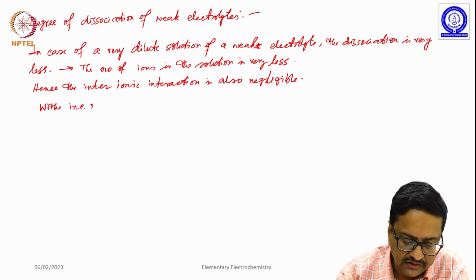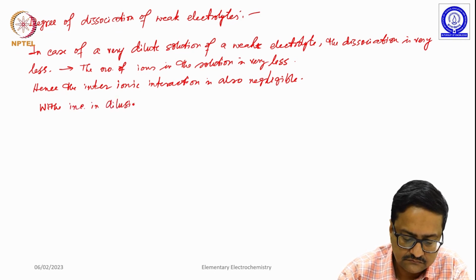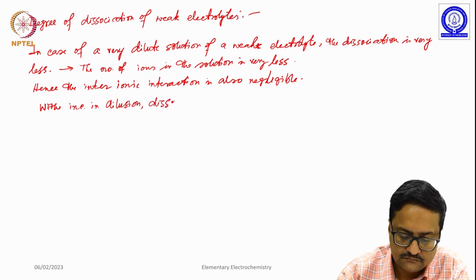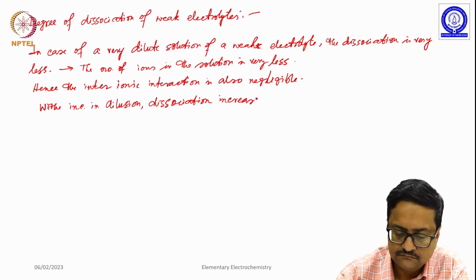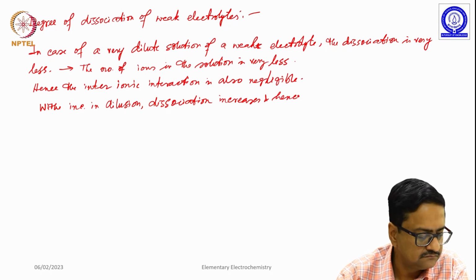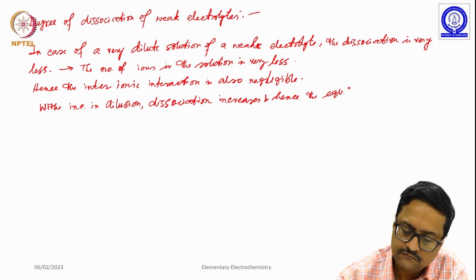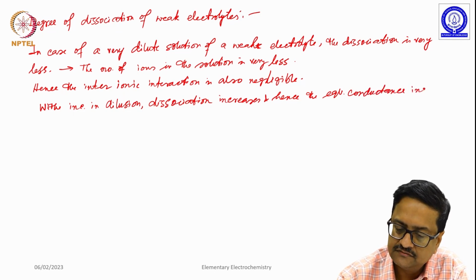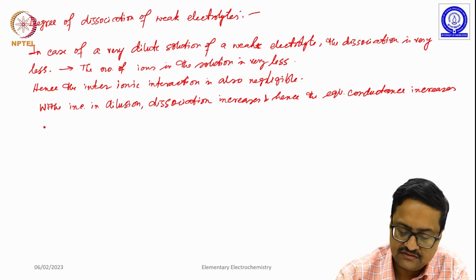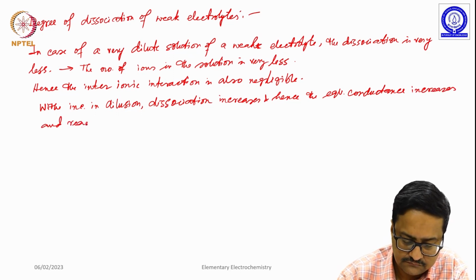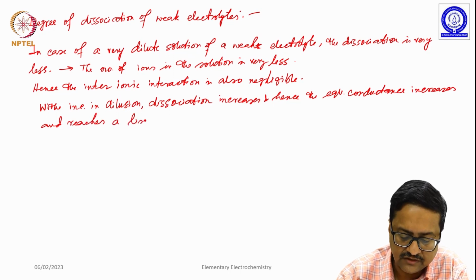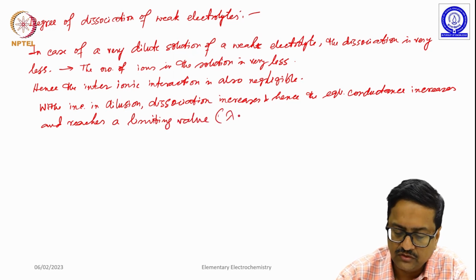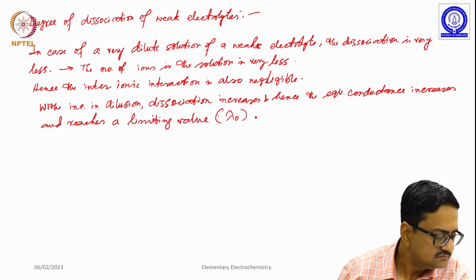With increase in dilution, dissociation increases, and hence the equivalent conductance increases and reaches a limiting value, which we write as lambda 0.